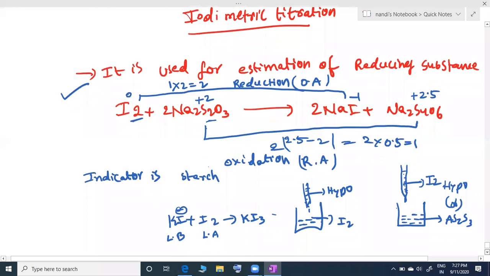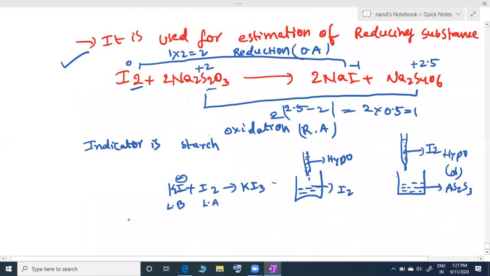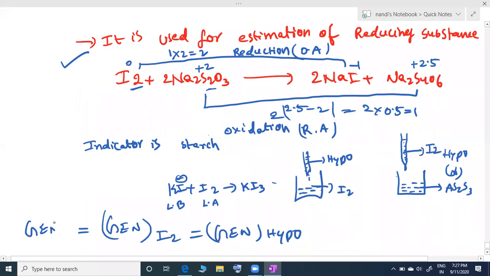So what is the basic principle here? Whatever is given, you can write simply in terms of gram equivalent numbers. Gram equivalent number of I2 equals gram equivalent number of hypo, or of any reducing agent. This is the basic principle. What is the hypo n factor?